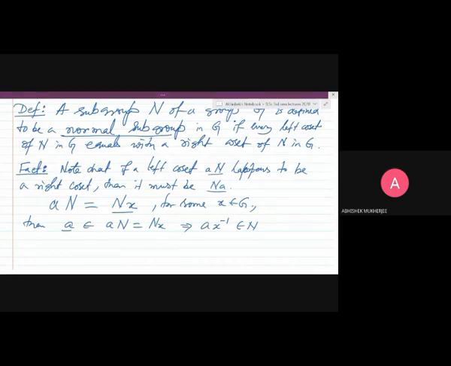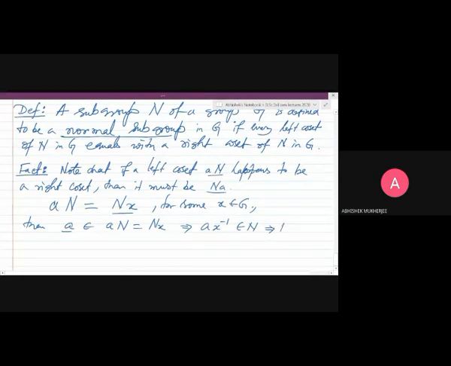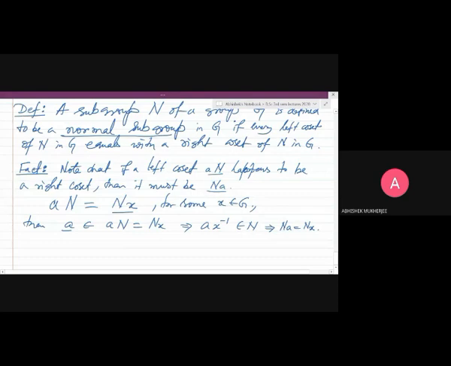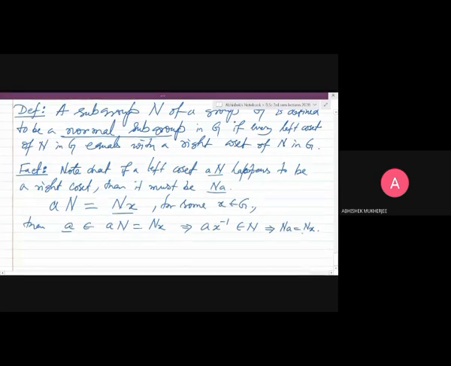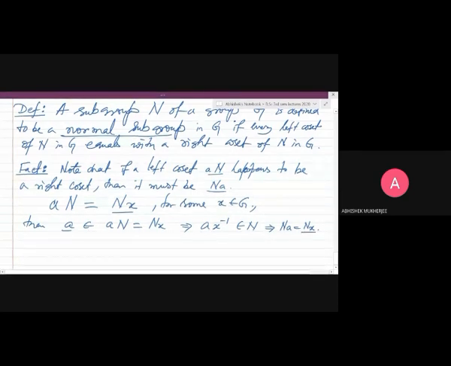So a x inverse belongs to N. And this implies that Na equals Nx. So that means the right coset Nx coincides with Na.